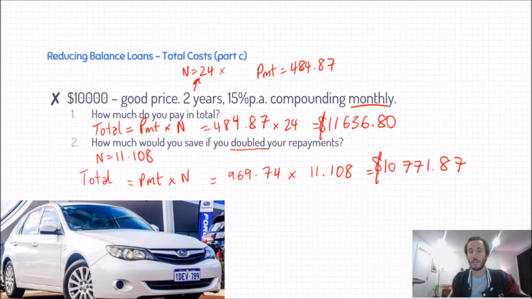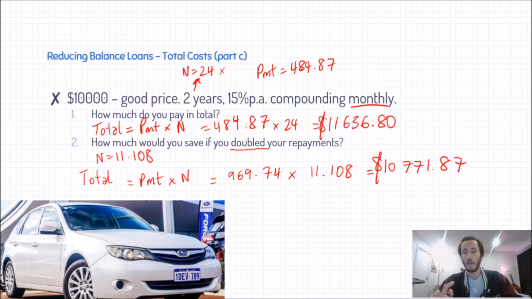Alright, so you can see by doubling the amount you repay, you actually pay less interest in total. So it's better to pay things off early and to pay as many repayments, or as high a repayment as you can at the start.